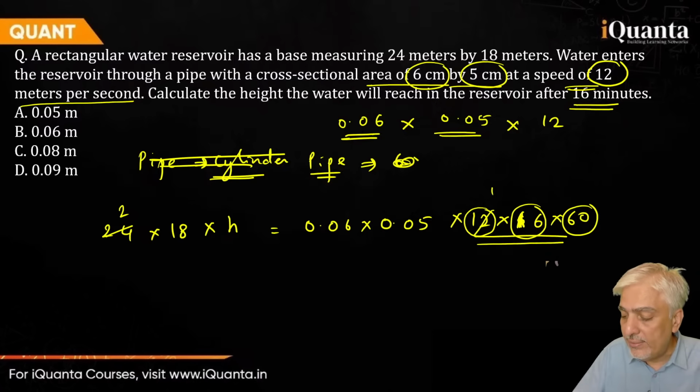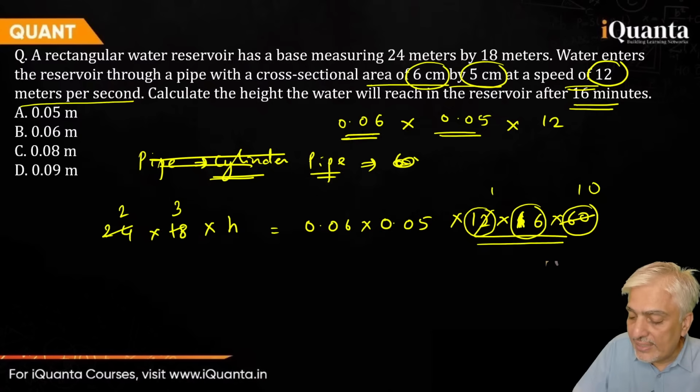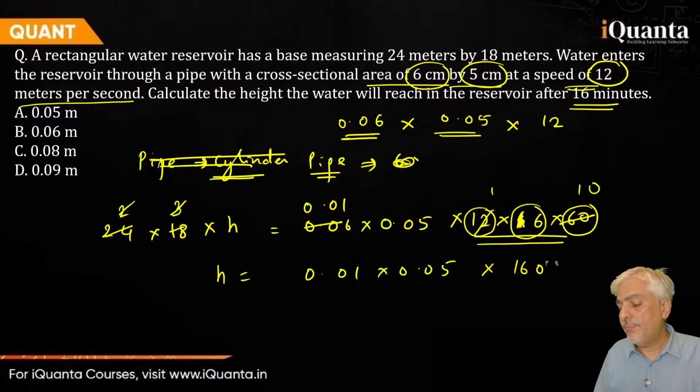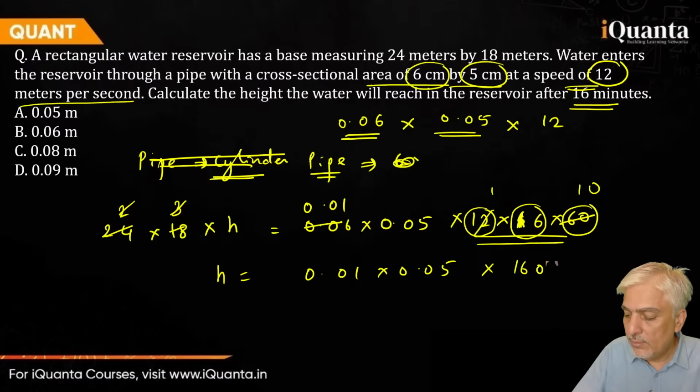12 twos are 12, cut. 6 threes are 6, tens are cut. So 6 and 0.06 cancel, this will cut. So this will become 0.01. So height will be 0.01 into 0.05 into 160. Let's just multiply: 16 fives are 80.